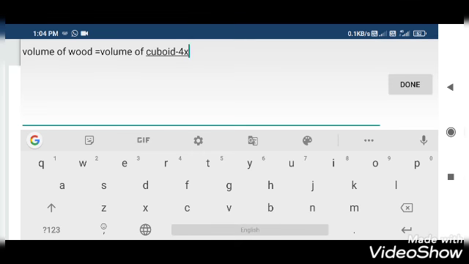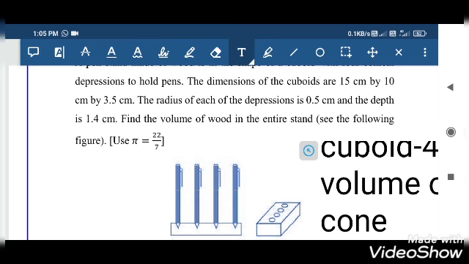So 4 into volume of cone. So we need to find the volume of wood: we take the volume of the whole cuboid box and subtract the volume of the conical parts. How many conical parts? 4 conical parts. So 4 into volume of cone. If you subtract the conical parts, what remains is only the wooden box.